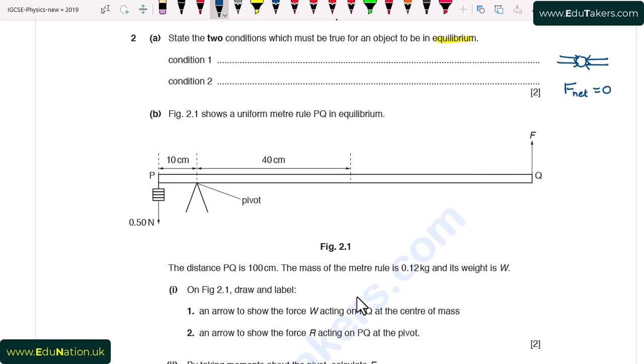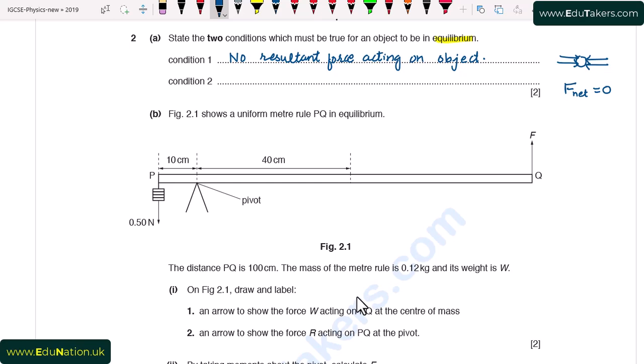For a body to be in equilibrium, the sum of all the forces acting on the body must be equal to 0. I write here no resultant force. The second condition is that the total clockwise moment will be equal to the total anti-clockwise moment, or we can simply say that the sum of all moments must be equal to 0.